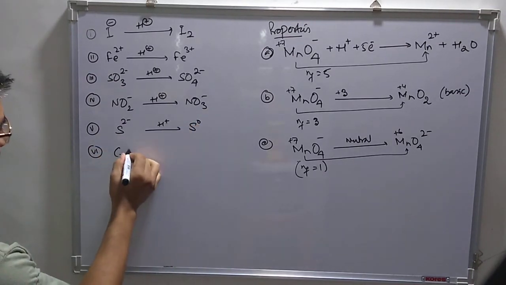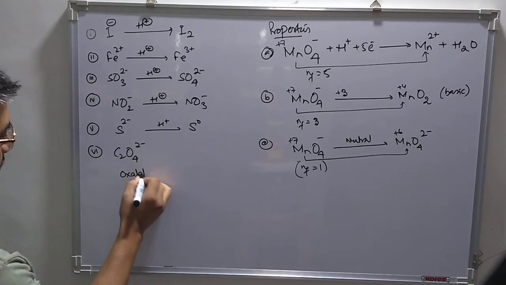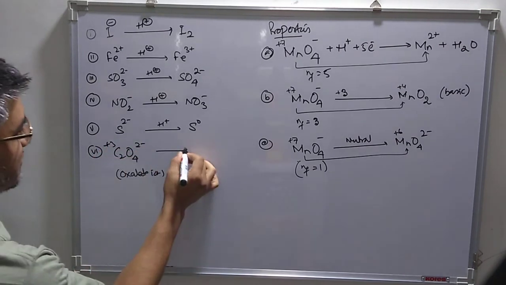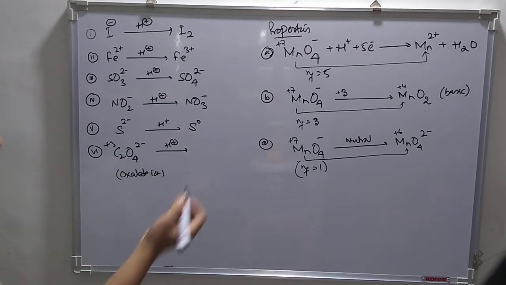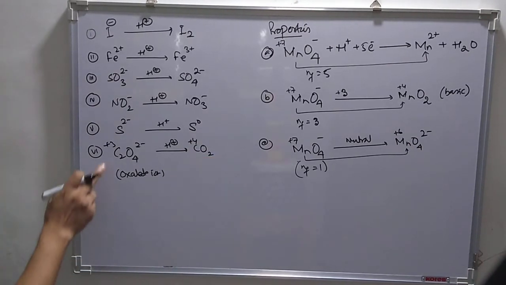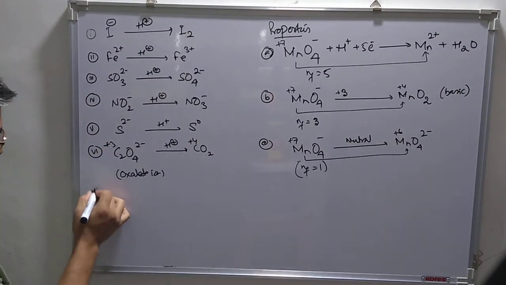We can have the C2O4 oxalate ion, in which carbon is in the plus 3 oxidation state, oxidized by KMnO4 to carbon dioxide in plus 4. So carbon is oxidized from plus 3 to plus 4.